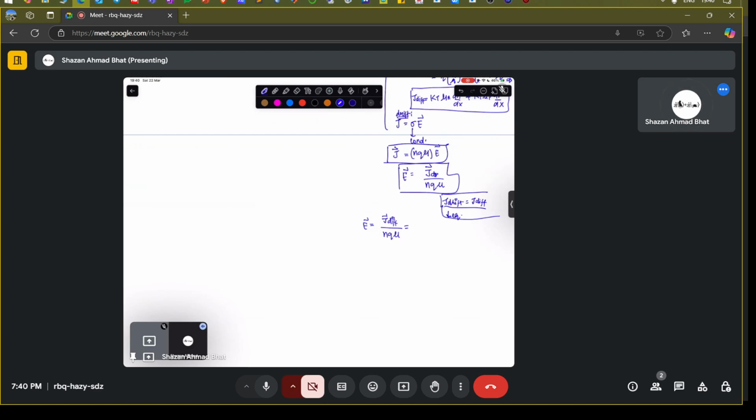For the electrons it will be kT mu n dN by dx over N Q mu. The mu goes, and you have kT over Q, 1 over n, dN over dx. Similarly for holes you will have kT over Q, 1 over P, dP over dx. Yeah, so this makes sense. So this is the electric field.